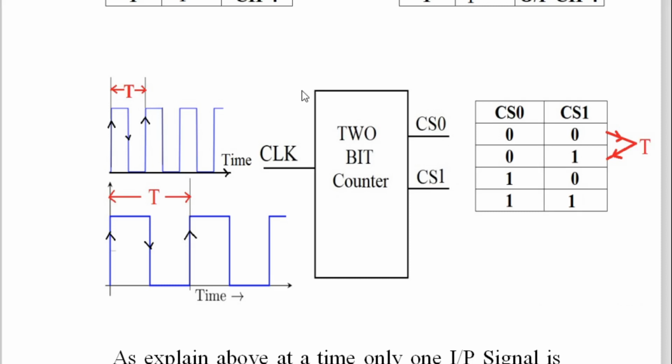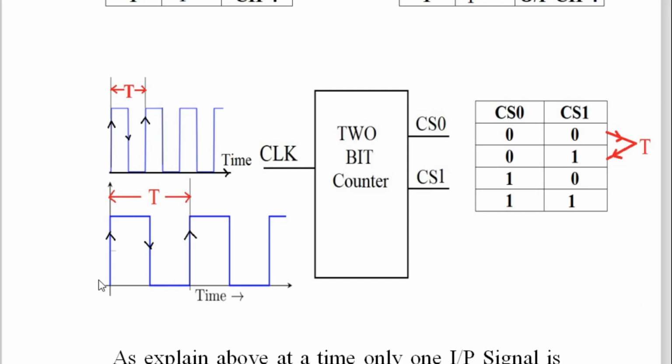Now, as I told you, the output of the counter will change its state if and only if you apply the clock. Here I have given the example of two clocks. First of all, try to understand what we mean by the clock. Clock is nothing but a square wave. In a square wave, there is a high voltage level, logic 1, and a low voltage level, logic 0.